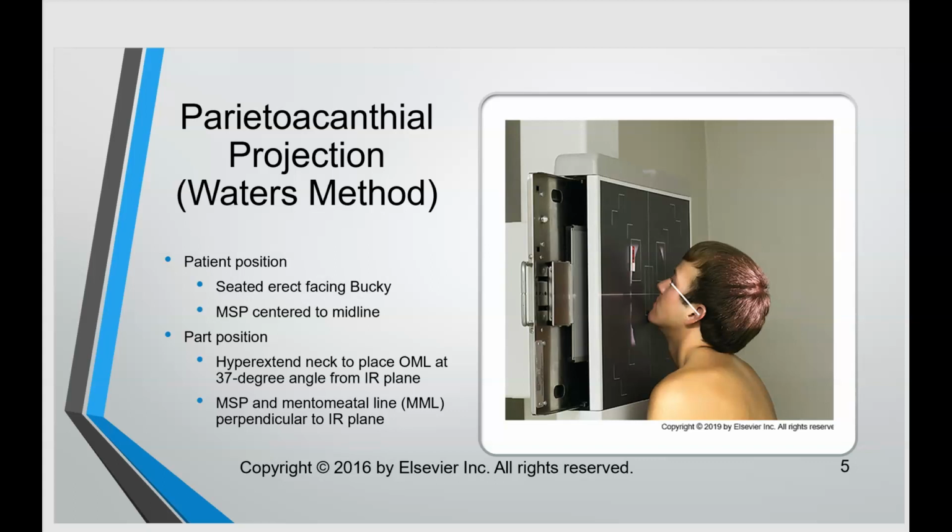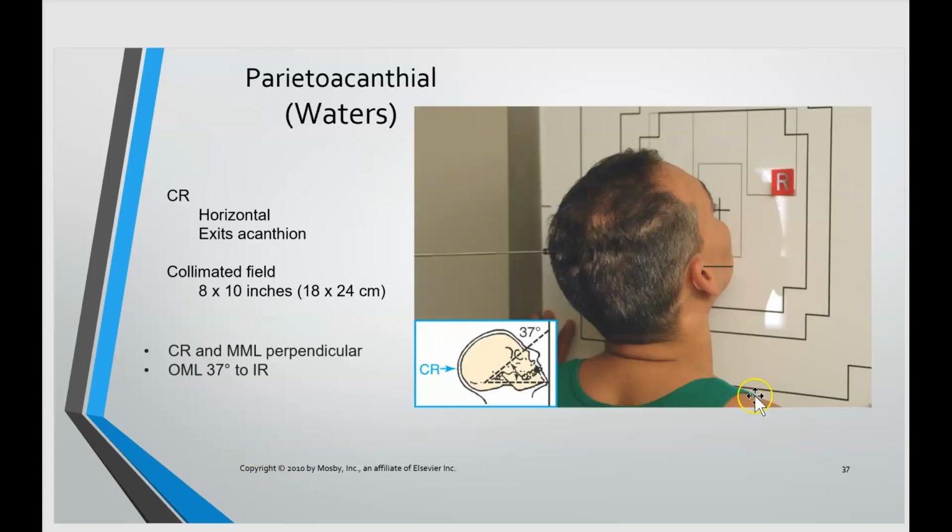Now this is going to make it so that your MSP and your MML should be perpendicular to the IR. Here's another view of that. MML is perpendicular. Your OML will be a 37-degree angle from the horizontal.